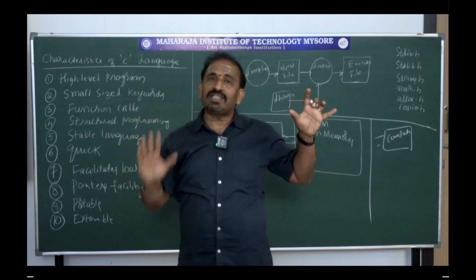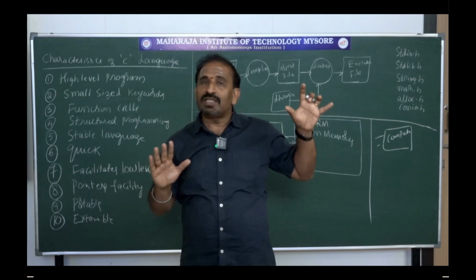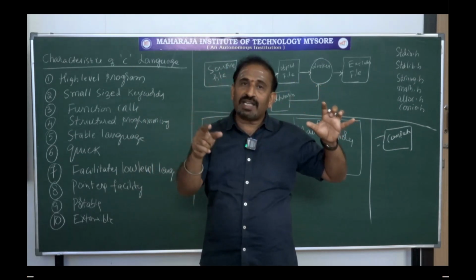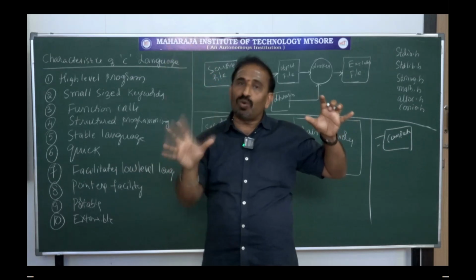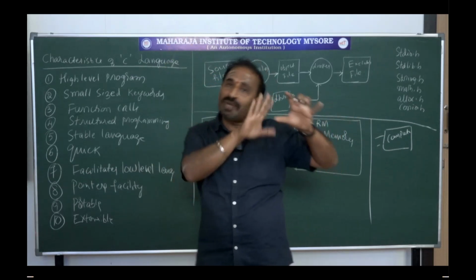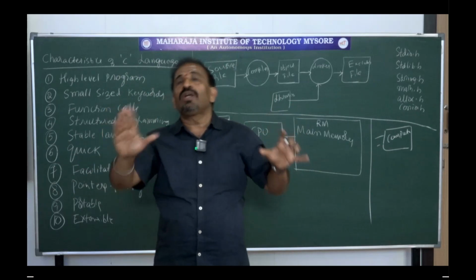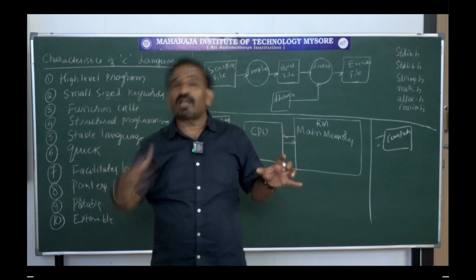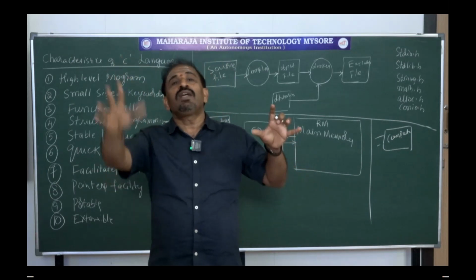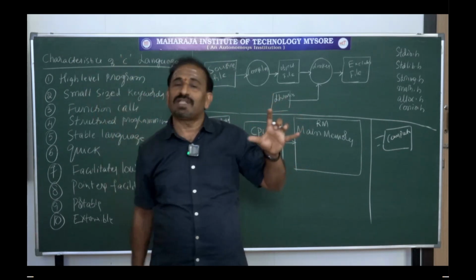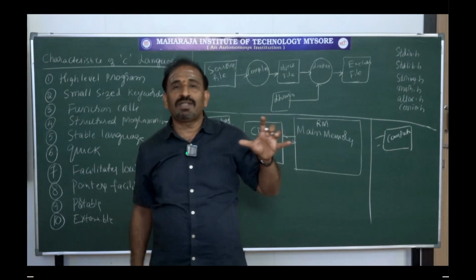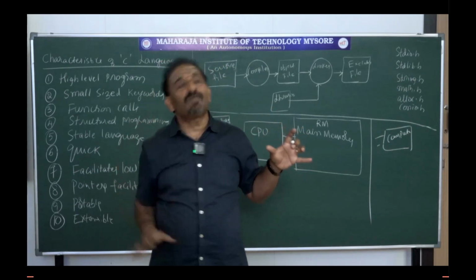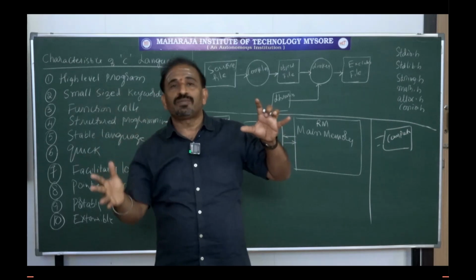For high level languages meant for computers, you use a technique or certain rules to convert your thinking into compiler understandable language. Compiler understandable language is a C program, or it is called a high level program, high level language.